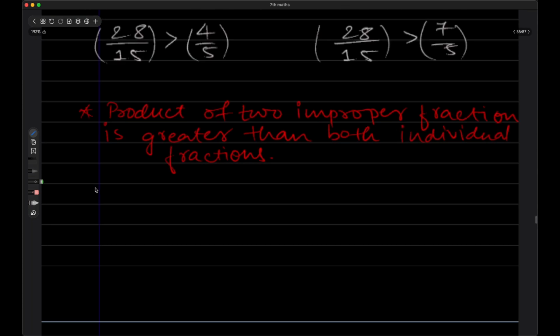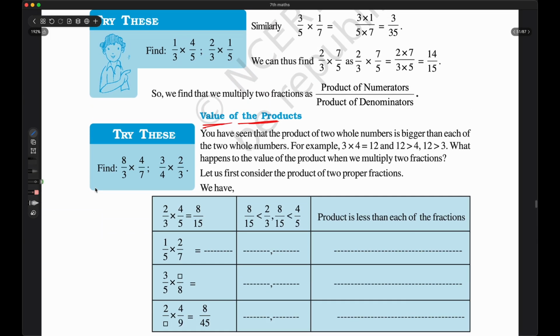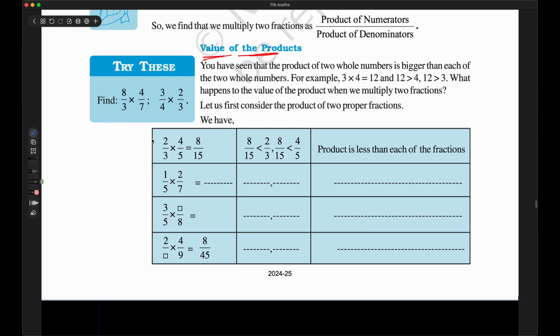Now let us check the theory. Value of product. They have taken the proper fractions 2 divided by 3 and 4 divided by 5. Multiplication: 4 into 2 is 8, 3 into 5 is 15. The product will be smaller than each of the fractions, 2 divided by 3 and 4 divided by 5.